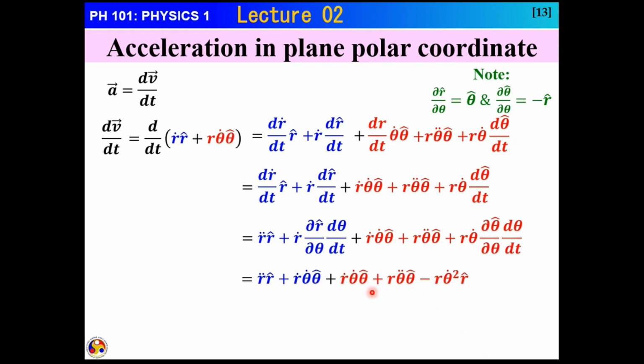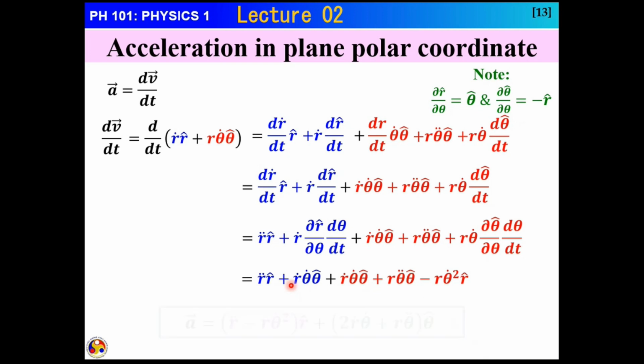Now I'm going to rearrange this acceleration, making sure that we have two parts: one is the radial part and another is the tangential or transverse part. The terms having r cap will be put together and the terms having theta cap will be put together at another place.